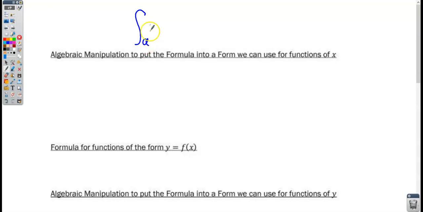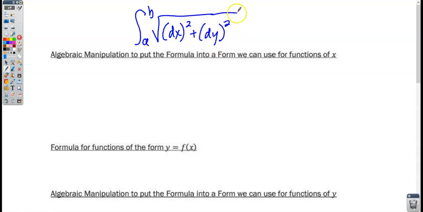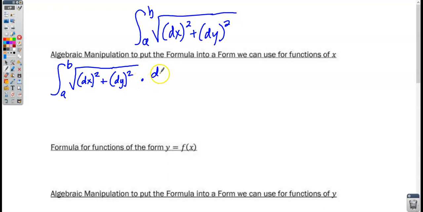We're starting with the integral from a to b of the square root of the quantity dx squared plus the quantity dy squared. I want a dx in this integral, so I'm going to put a dx over dx in here. Then, since I want this dx to be present, I'm going to absorb this dx into my already existing integrand.